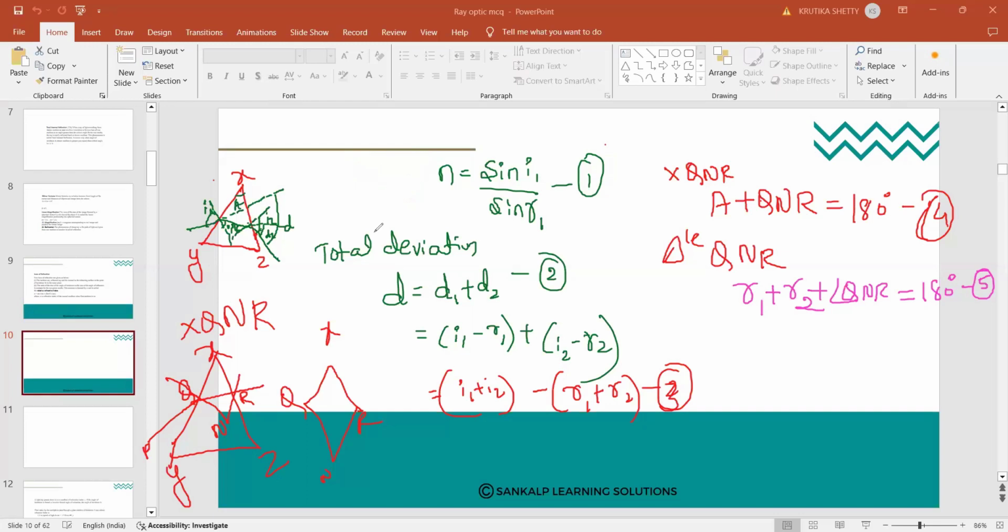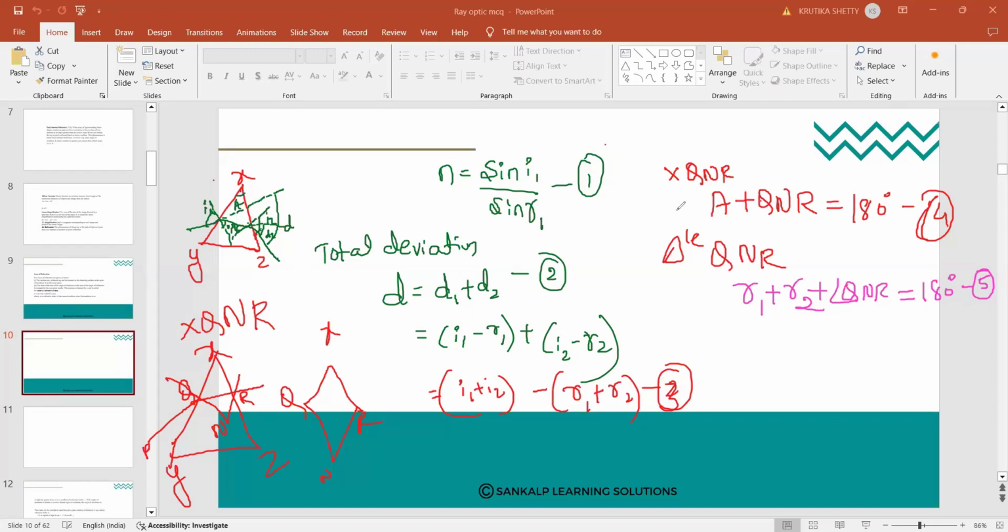Then, equation 1, the total deviation is given by d is equal to d1 plus d2. From the figure, d1 is i1 minus r1 and d2 is i2 minus r2. Grouping the terms, i1 plus i2 minus the bracket r1 plus r2, this is our equation 3.